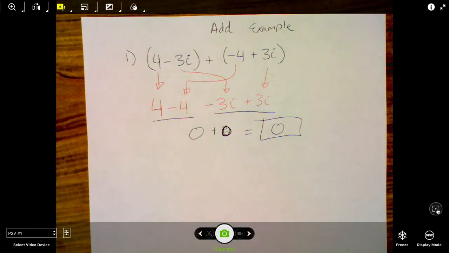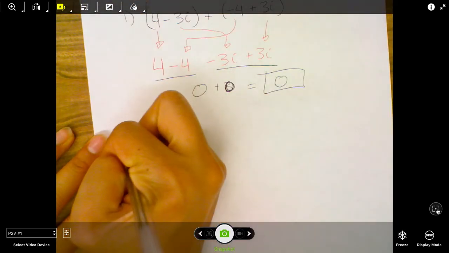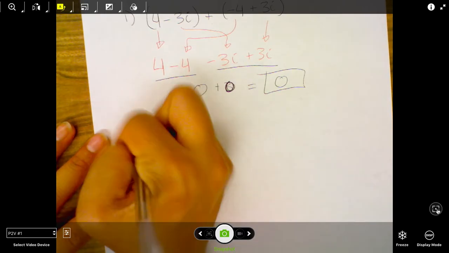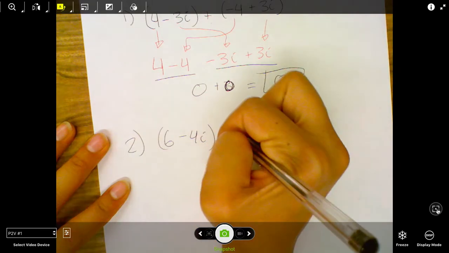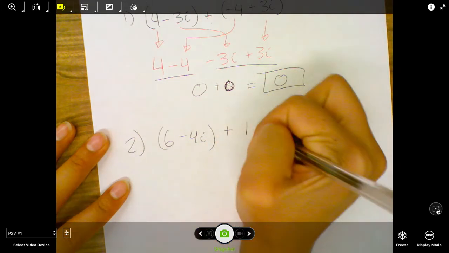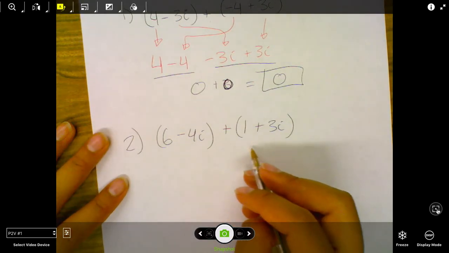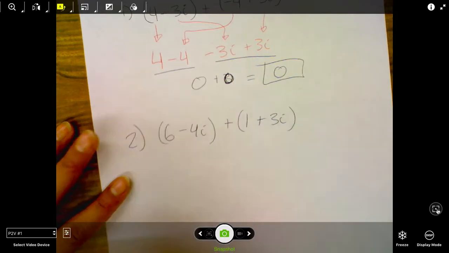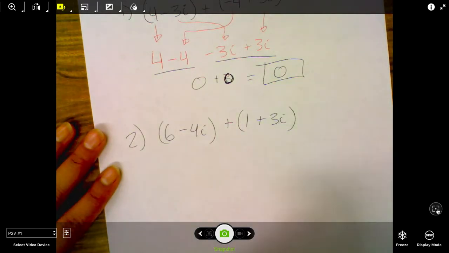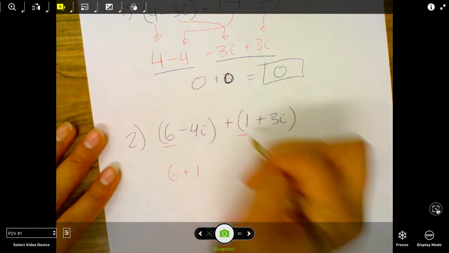But let's try another adding example. Here's one that I was able to find: 6 minus 4i plus 1 plus 3i. Again, because it's adding, we really don't need the parentheses. Let's group our real numbers together. That's the 6 and the 1.